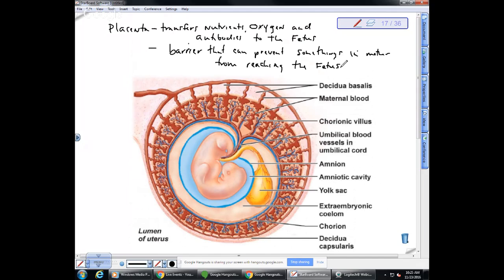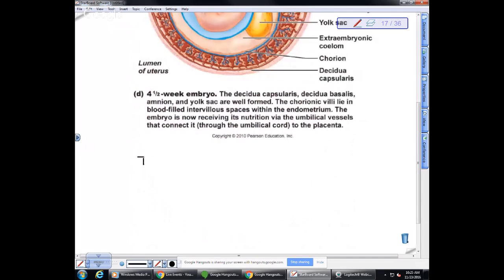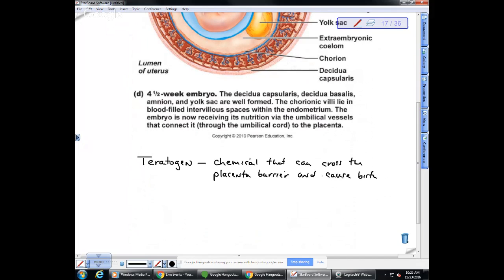The other thing that can make it through would be alcohol. So we have alcohol able to get through this, and alcohol is considered a teratogen. So a teratogen is a chemical that can cross the placenta barrier and cause birth defects in the developing fetus.